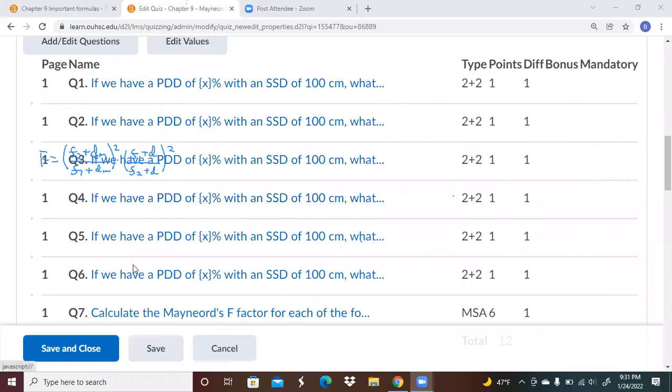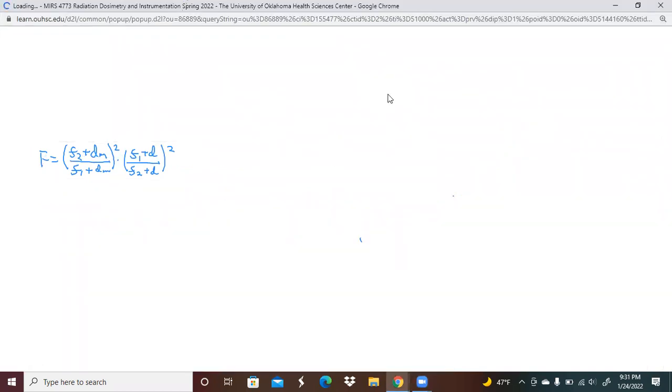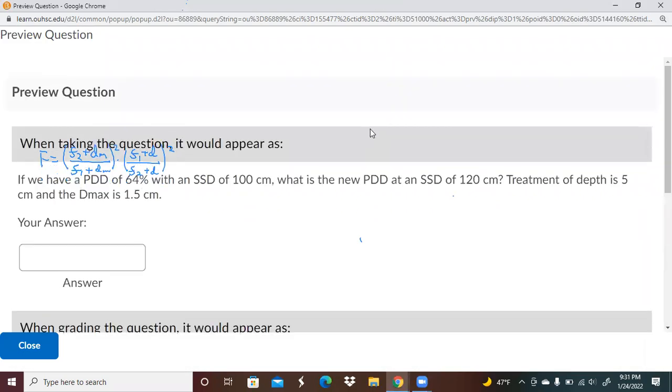So problems 1, 2, 3 are just finding the Mayneord F factor. 4, 5, and 6 are for finding the new PDD. Basically in 4, 5, and 6, you can run these homework assignments as many times as you need to in order to improve your score and understand the concept a little bit better.